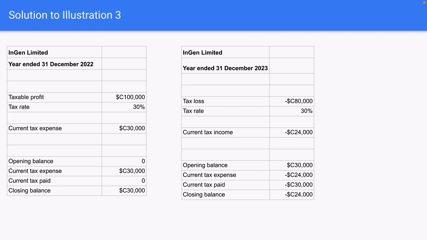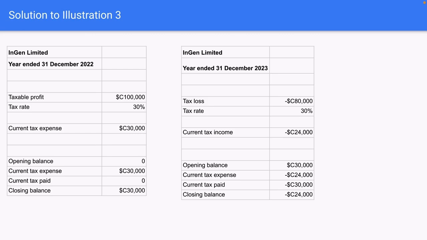In this case, we're saying that it was actually a tax loss for the year of 80,000 Costa Lunan dollars. And remember that we said in the illustration that in Costa Luna, the government allows companies to carry tax loss backwards to a previous year. So if you calculate 30% of the 80,000 loss, you have a current tax income of 24,000 Costa Lunan dollars.